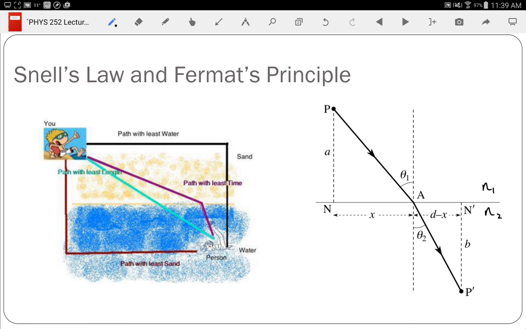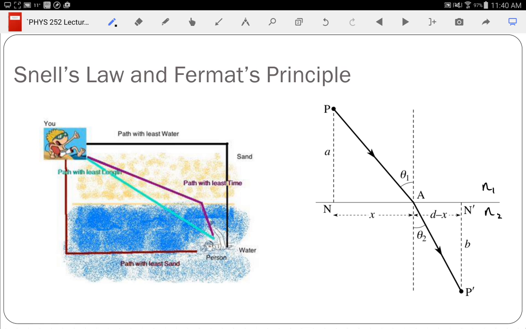But your swimming is probably in the ballpark of 2 miles an hour. So if you want to get to that person really quickly, what things would go through your head to decide which path is going to get you to that drowning person the fastest? You probably want to minimize your swimming, because your running is 5 to 7 times faster than your swimming. You really want to minimize that swimming time.